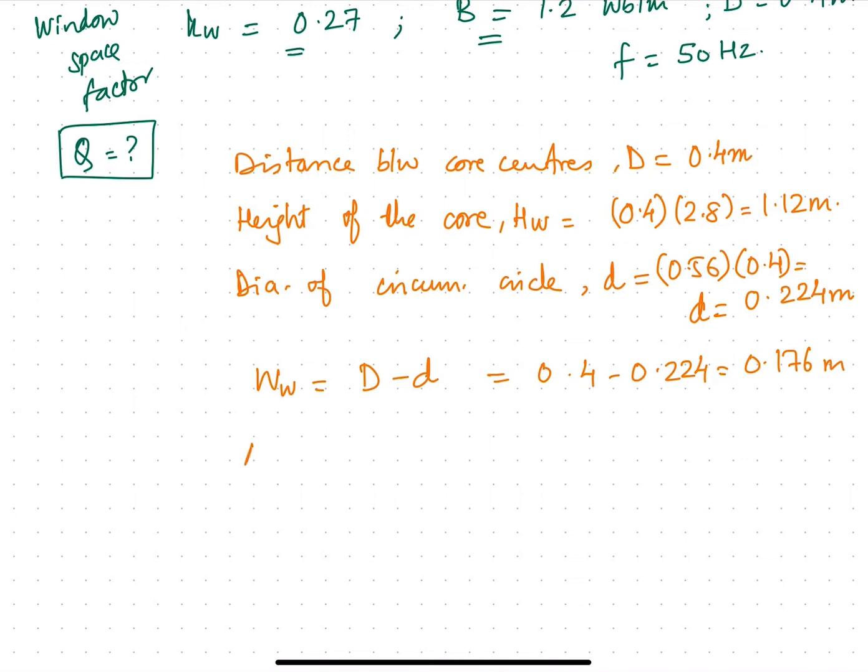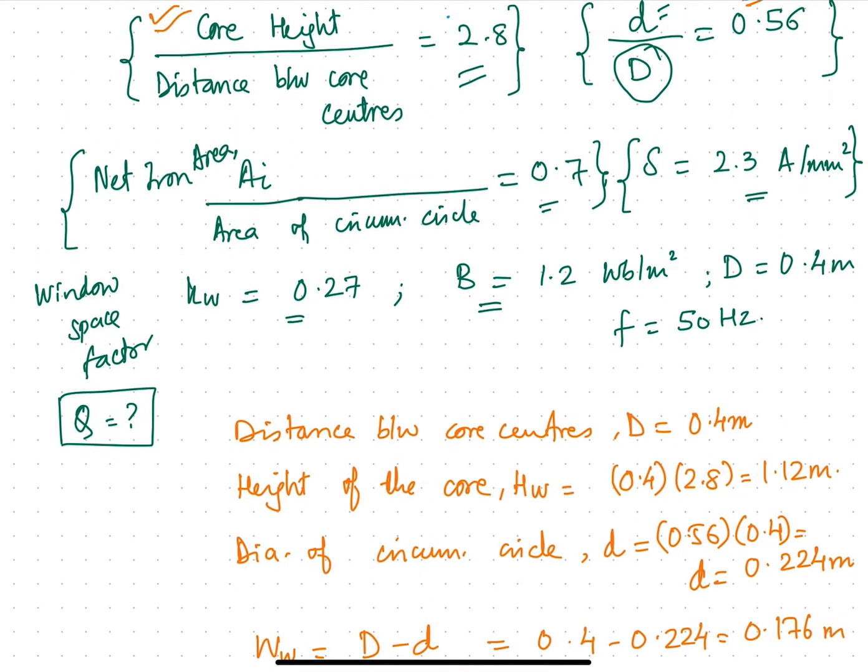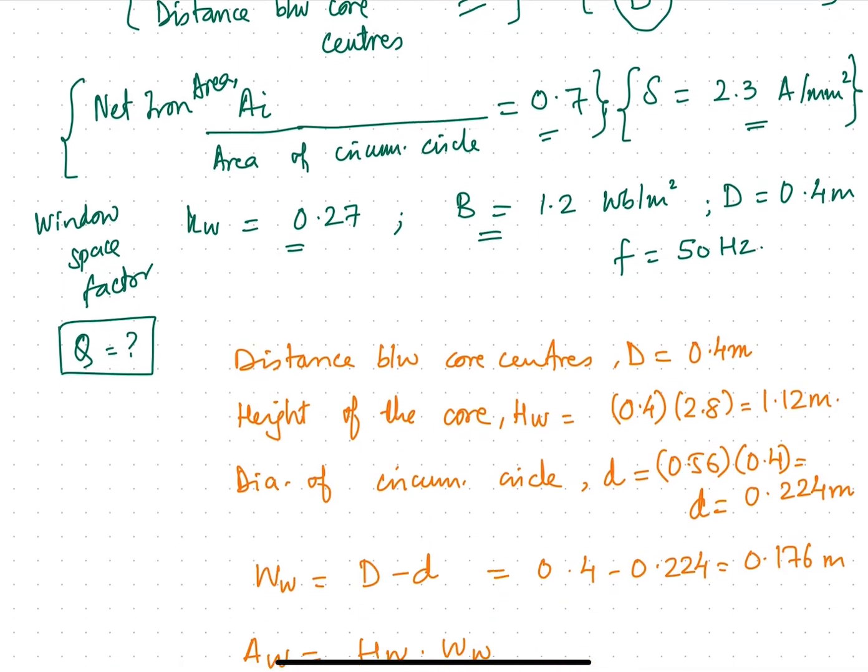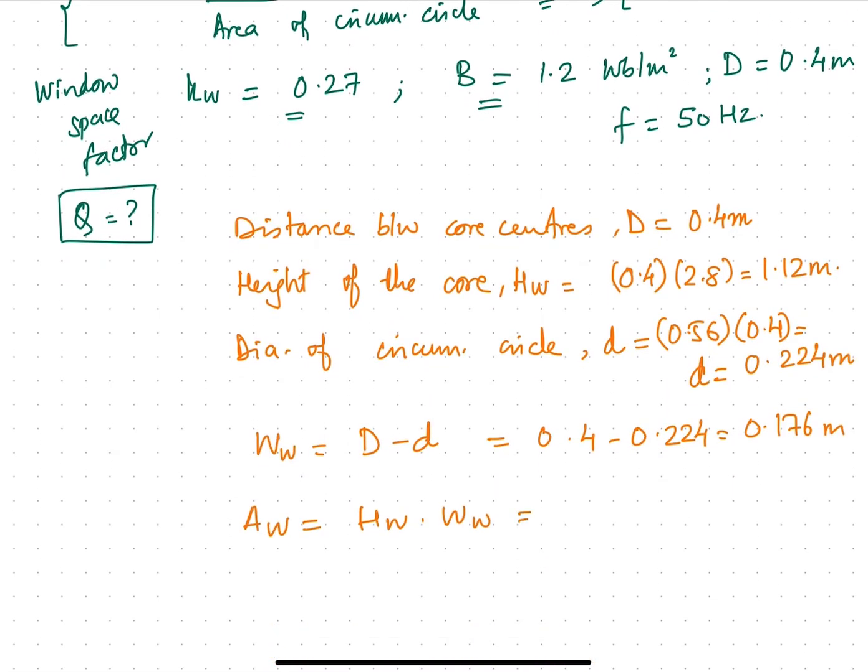Now we have to calculate area of the window AW, which is equal to HW into WW. So substituting these values, AW is equal to 0.112 times 0.176. We get 0.197 meters square.